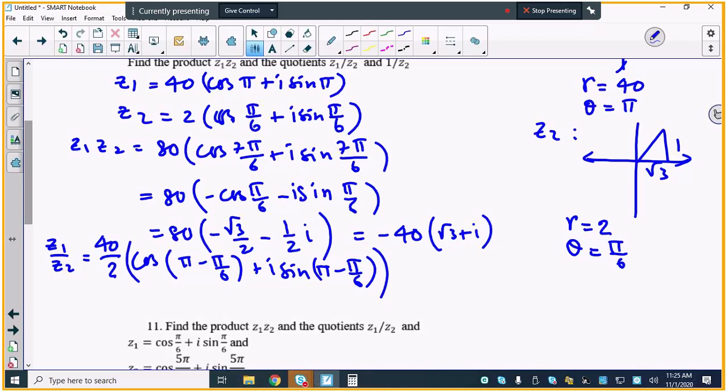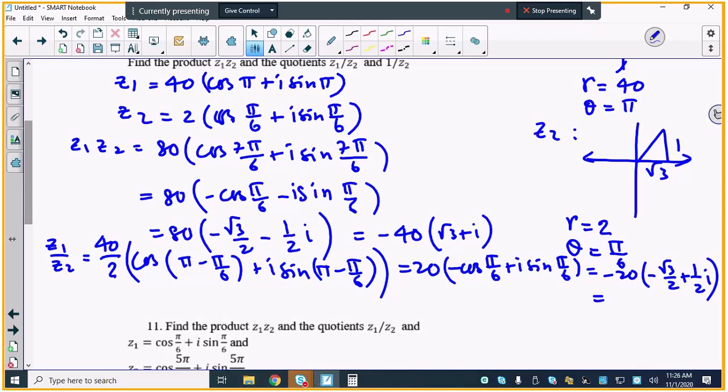So since it is pi over 6 and it's in the second quadrant, cosine negative, sine positive, I will go ahead and say that this is 20 times minus cosine pi over 6 plus i sine pi over 6. So minus 20, the same values, minus square root of 3 over 2 plus 1/2 i, and then again I can factor out the minus and divide by 2, so I get positive 10 this time, square root of 3 minus i.